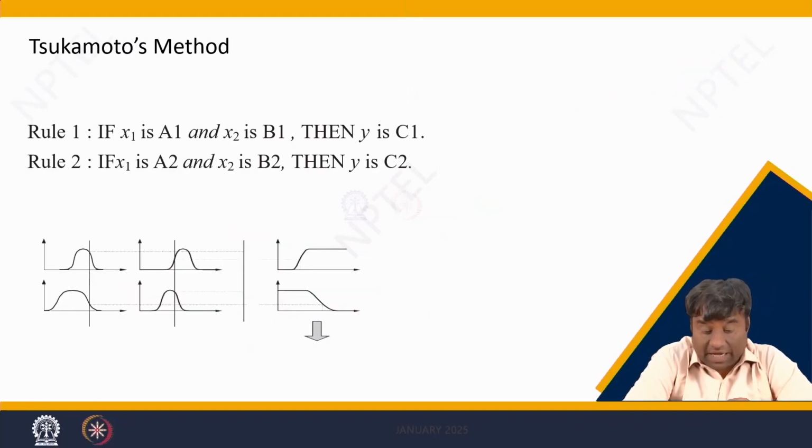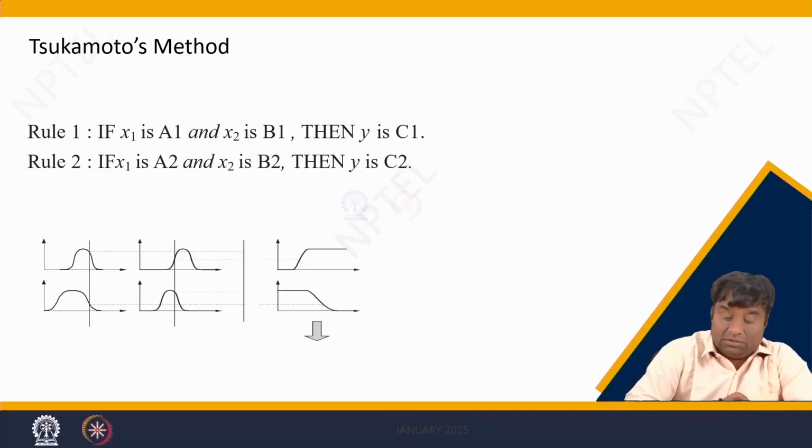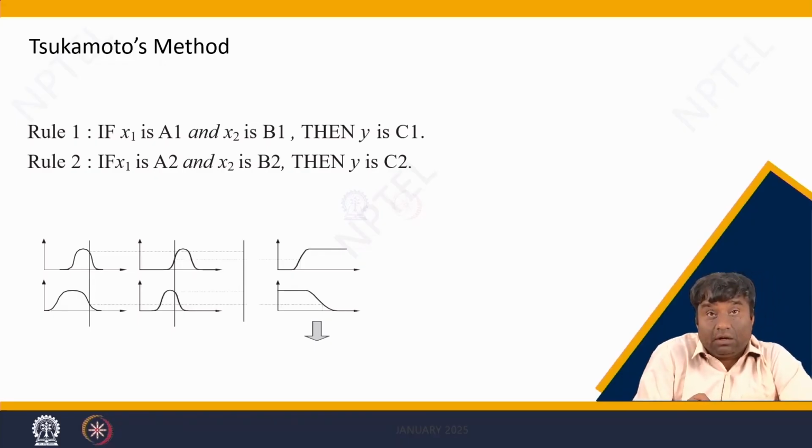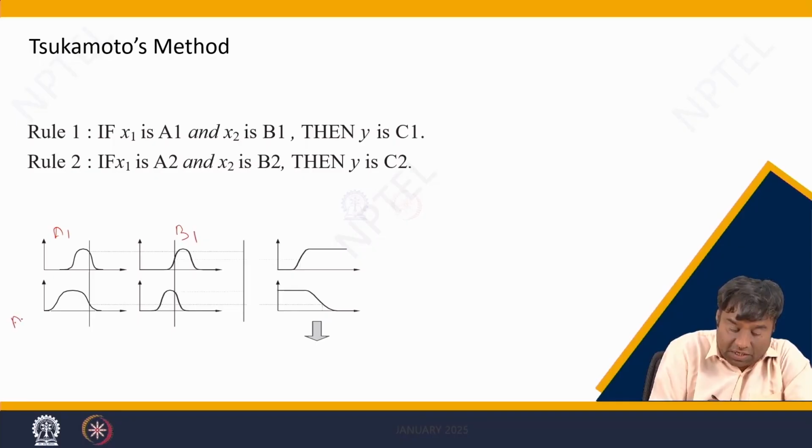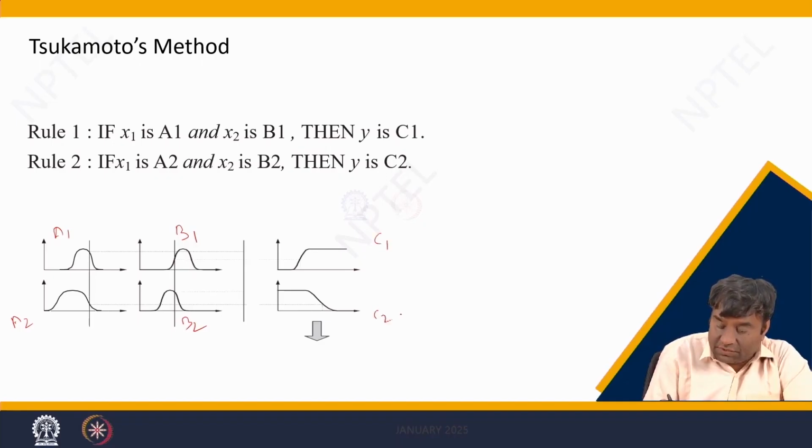So here the rule is that if x1 is A1 and x2 is B1, then y is C1. If x1 is A2 and x2 is B2, then y is C2. So this set you can say A1, this set you can say B1, this is A2, this is B2, this is C1, this is C2.